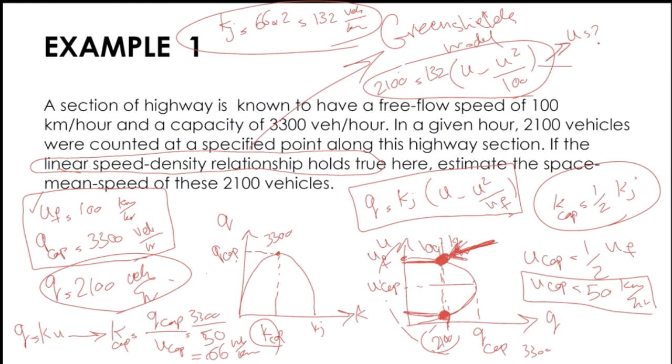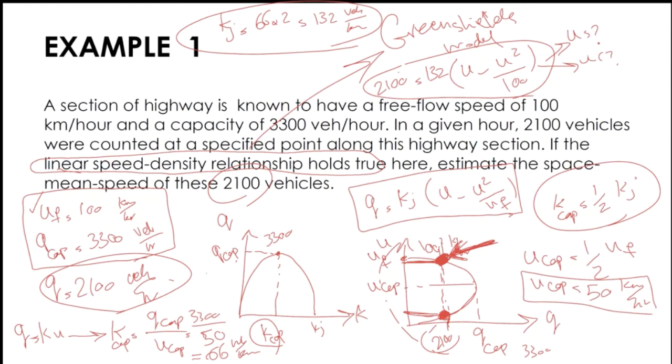So I will get two values for U, and both of them are correct. If flow is 2,100 and we are in the uncongested regime, we'll have the higher speed. If we are in the congested regime, the lower speed would be the correct answer.